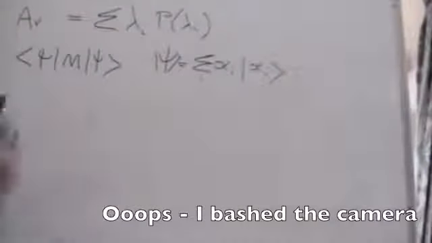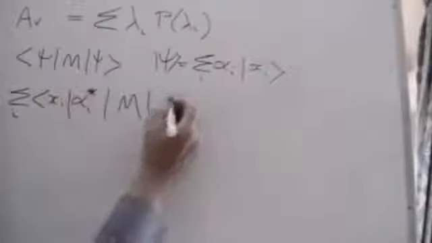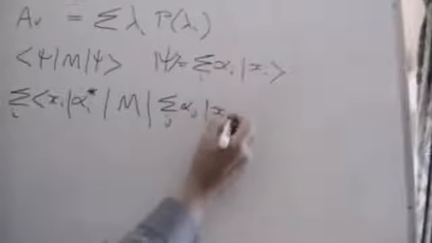This means that the bra vector of psi here can be written as the sum over i. We need the bra vector of xi, and then this has to be complex conjugated, so it's alpha i star times m, and now we need psi, which is the sum over j of alpha j xj.